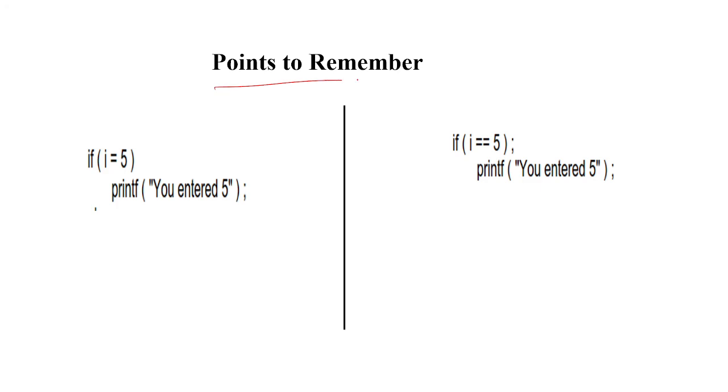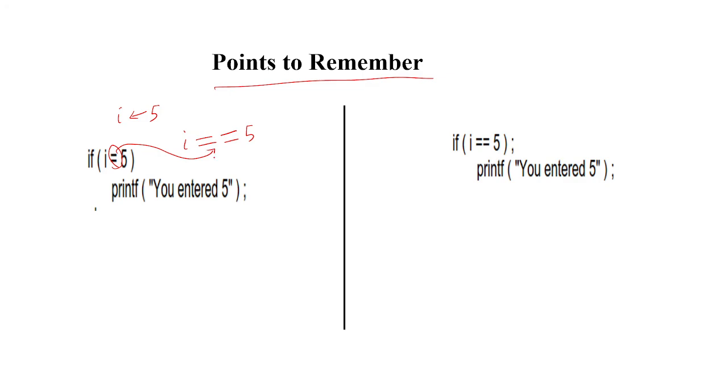Here are some points to remember. First, we can see that the assignment operator is written here, meaning 5 is assigned to i. Instead of it, if we want to use a condition, we should use the relational equal operator here. So here is a mistake.